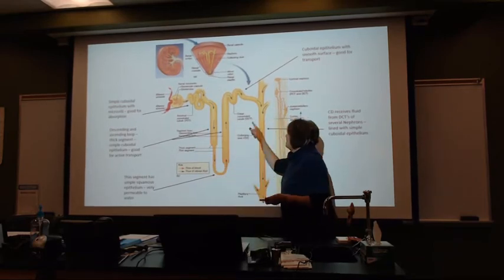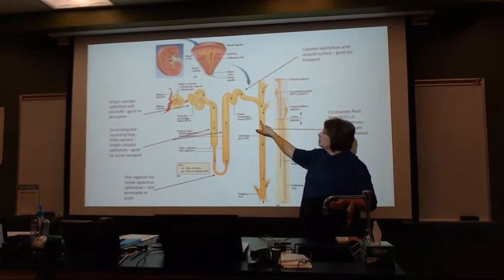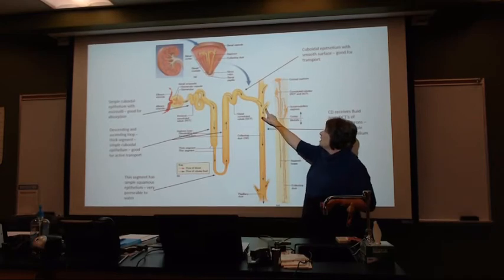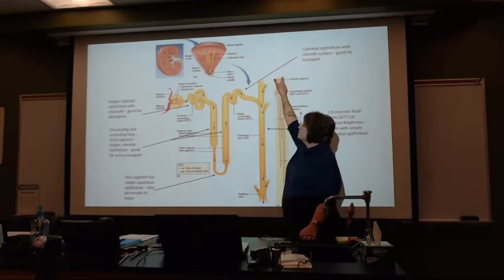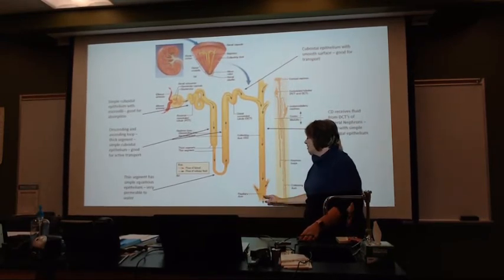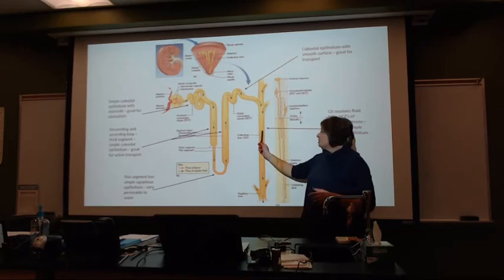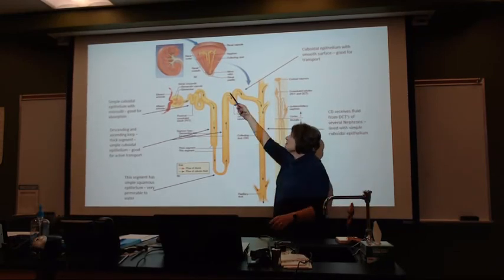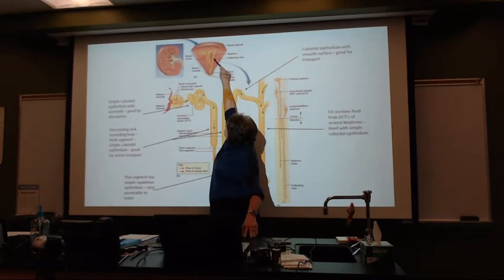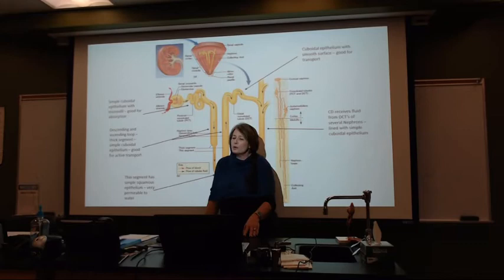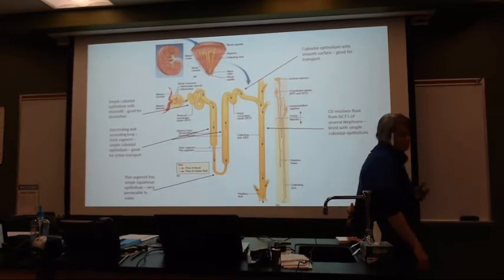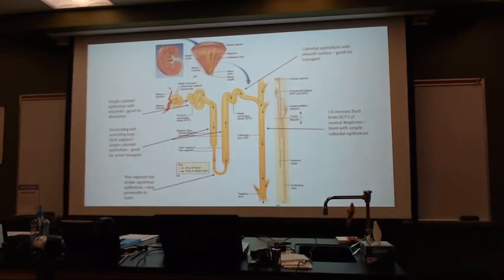That's why over here they're trying to show this would be connected to a nephron, this one would be connected to a nephron, nephron, nephron. Each one of these collecting ducts, this long, straight tube, would probably have about 10 to 20 nephrons leading into one.